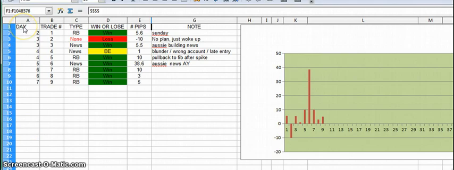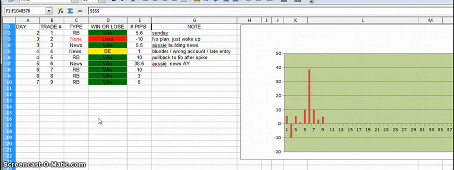I track what day I made the trade on, what number the trade is, the type of trade that I made, whether it's a win, loss or a break-even trade, and then a lot of times I put a note in here about a reminder so I can look back at the chart and see whether I made a mistake or what went good or what went bad about the trade. And then that's how I get my chart created here that I post on my website.